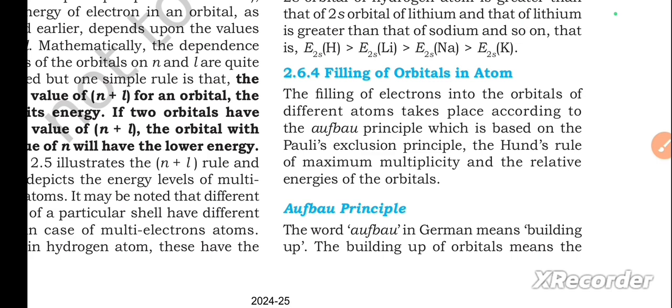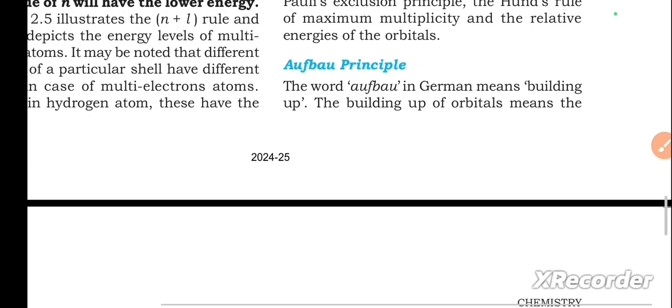The filling of electrons in the orbitals of different atoms takes place according to the Aufbau principle, which is based on the Pauli's exclusion principle, the Hund's rule of maximum multiplicity, and the relative energies of the orbitals. Aufbau principle. The word Aufbau in German means building up.